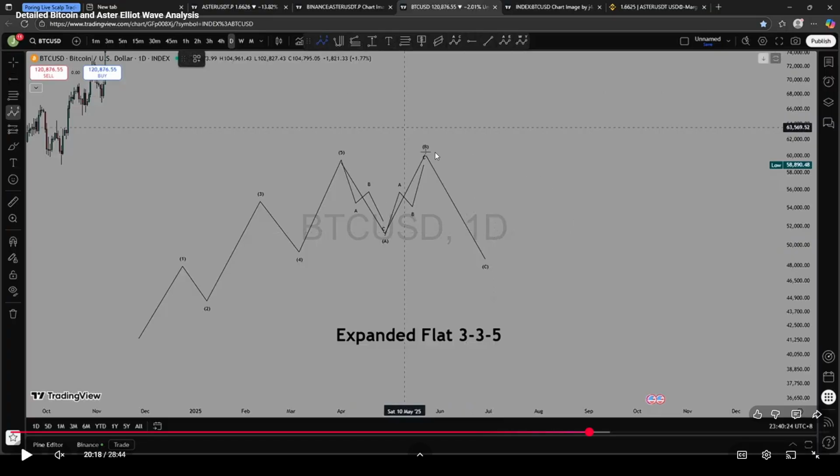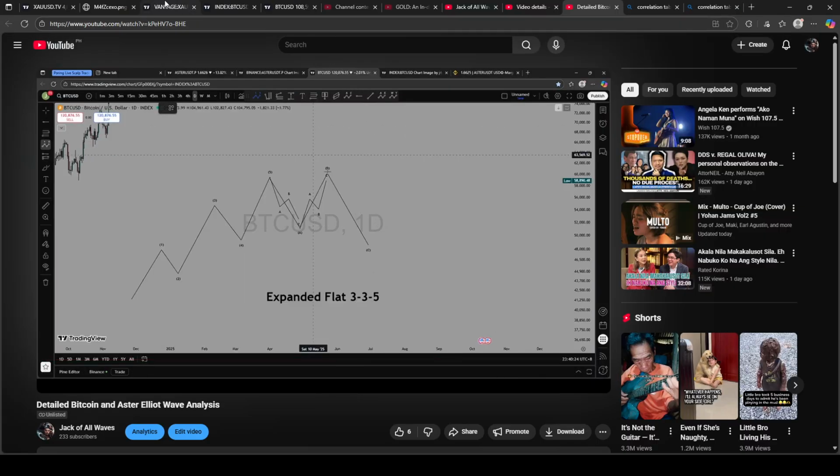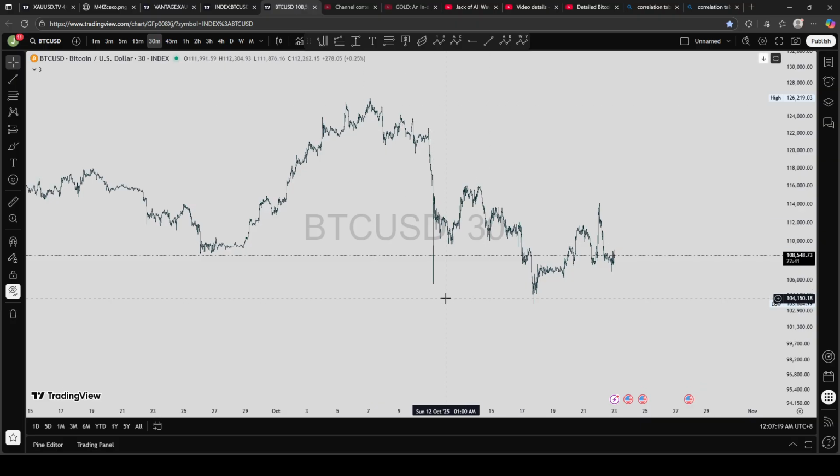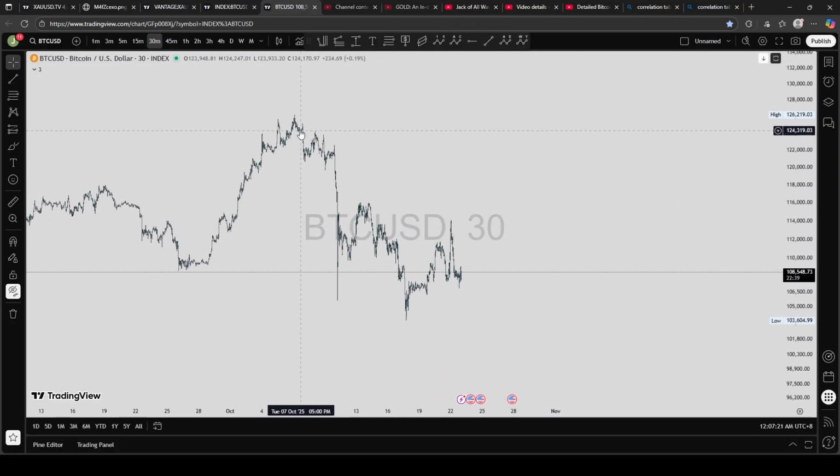Since the wave 5 was swept and the structure is 3-3-5, then wave B to C must be 5 waves down. To check whether we already have the 5 waves down, this is the first wave, the third wave, and this is already the possible fifth wave.